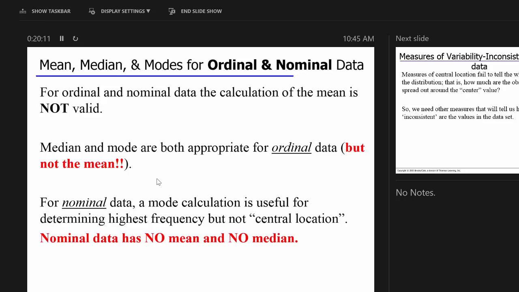So basically to recap, interval data, continuous data, all three measures are computable, right? Mean, mode, and median. Ordinal data, scale down. We drop out the mean, right? The mean is not computable anymore. The only two things that you can do are mode and median. Drop down one more level to nominal data. Now you lose not only the mean, but your median as well. And the only thing that you have remaining is the mode, right?